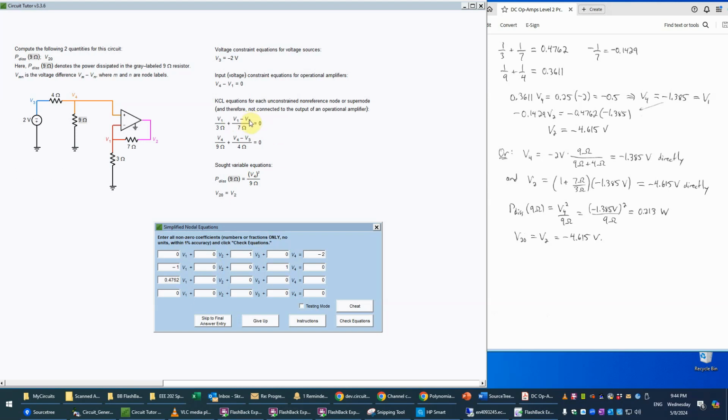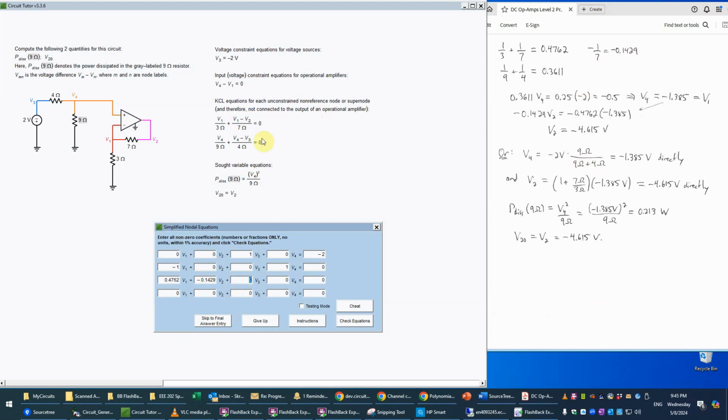And the coefficient of V2 is -1/7, and we could actually enter that as a fraction too, so I'll just go -1 divided by 7, and it'll automatically evaluate that for us as -0.1429, which is probably familiar to you.